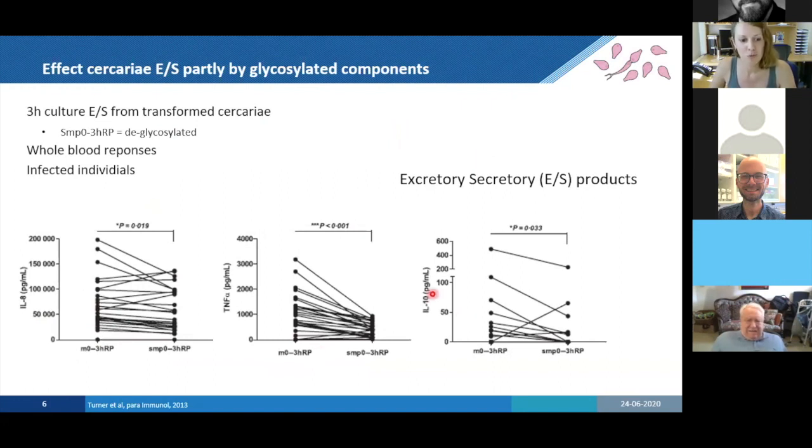But if you pre-treat ES with periodate, so that kind of crudely destroys the glycans in this mixture, there's actually a reduction in these responses, suggesting that part of the ES immunomodulatory responses is due to glycoconjugates in this mixture.